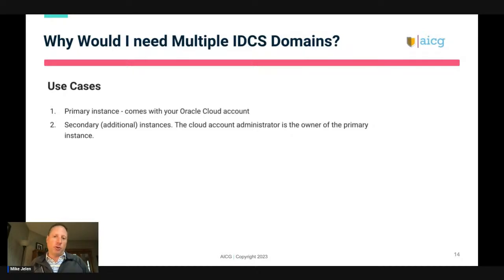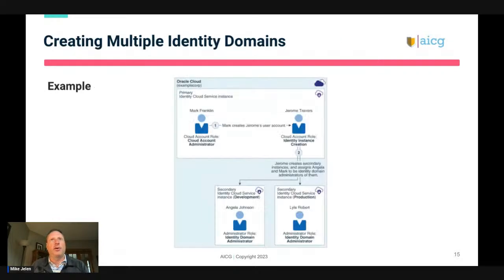Sure, that's the financial owner. But then you're going to have somebody that is the maintainer, typically a solution architect of some sort. It could be an enterprise architect whose account is the primary assigned to that instance. That cloud account administrator is the only one that can add others and allow others to create other identities. So in this particular example, we have Mark as the cloud account administrator.